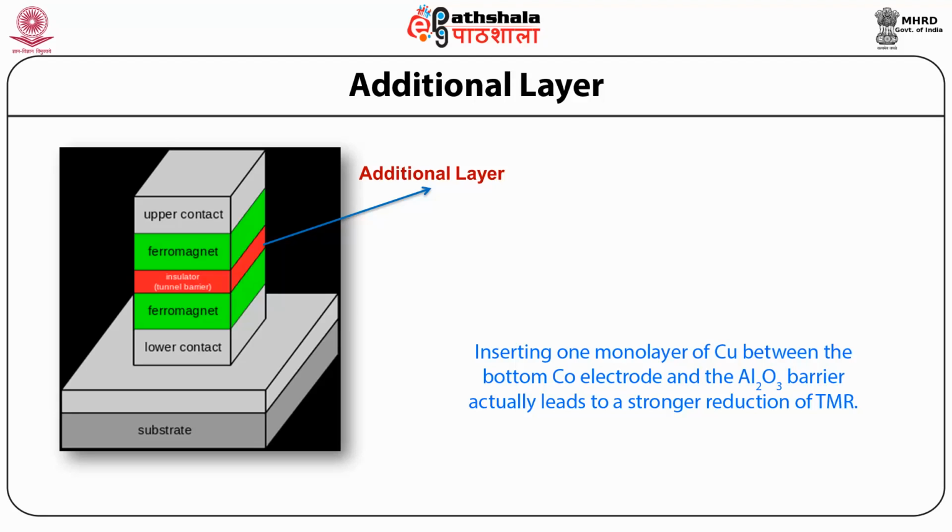Now, the sign of P depends on orientation of the respective subnetwork magnetization with respect to the applied field. The P from either of these subnetworks will be positive when its magnetization is aligned with the applied magnetic field, in contrast to the moment of the other subnetwork.